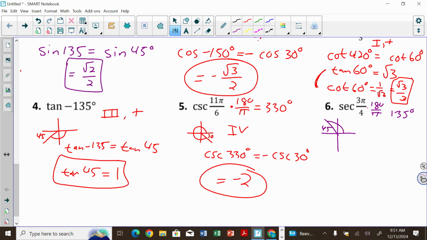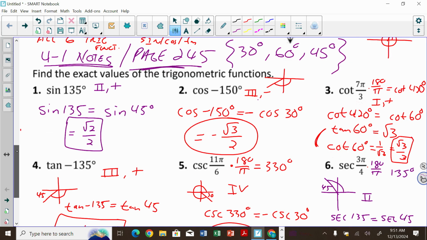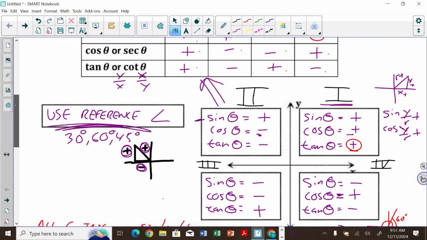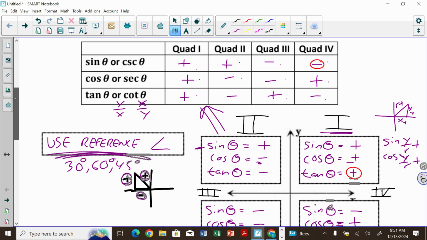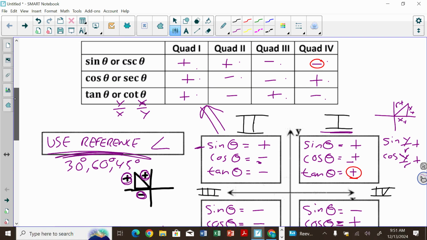So I'm in quadrant 2, and I'm dealing with secant. So secant of 135, we know, is the same as secant of 45, but we're in quadrant 2, and secant in quadrant 2 is positive.